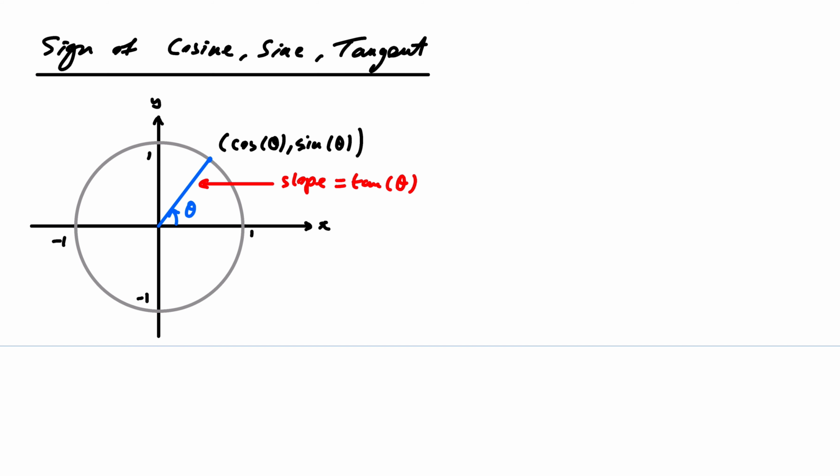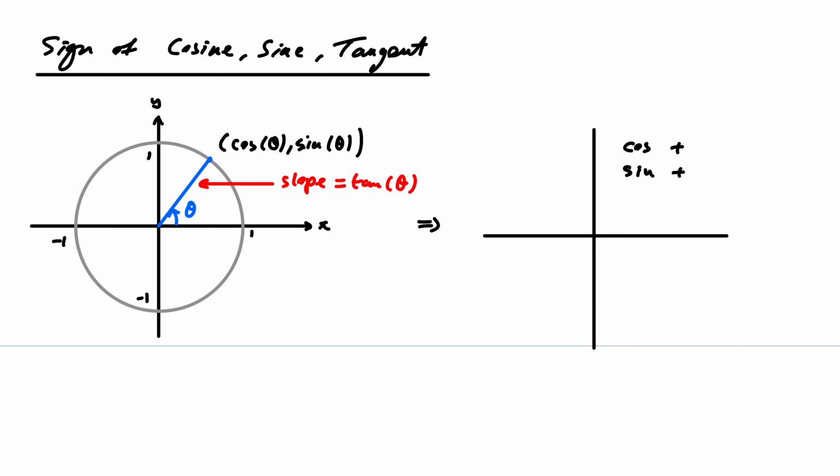From this, we can read off so much. So let's write down just a quadrant diagram, shall we? In the first quadrant, when theta is between 0 and pi over 2, everything's positive, right? The x-coordinate and y-coordinate are positive. So cos is positive, sine is positive. What about tan? Well, the slope is positive too.